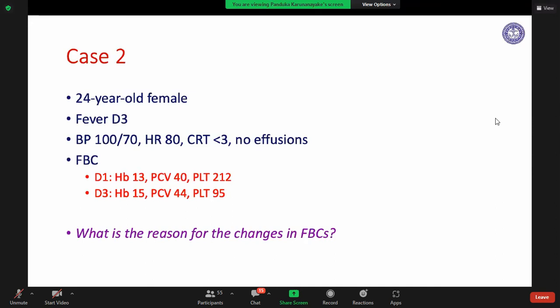Any clarifications? Do you want any clarifications? Sir, without effusions, can we exclude leaking? Because clinically detectable fluid has to be there to have an effusion. No. You mean clinical effusion, right?